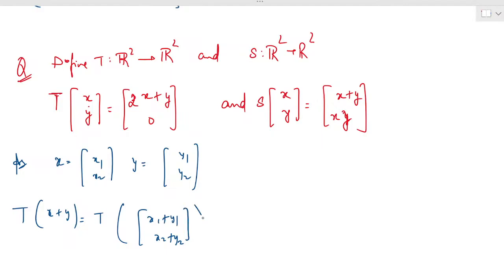This would be equal to 2 times (x1 plus y1), then (x2 plus y2), and then you have a 0.